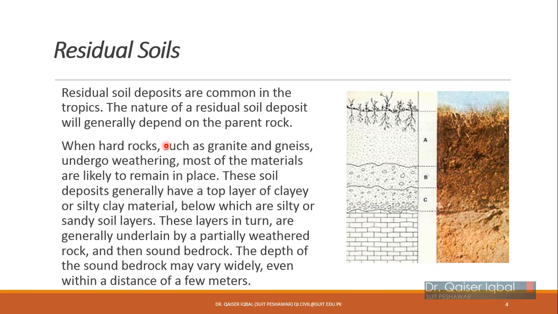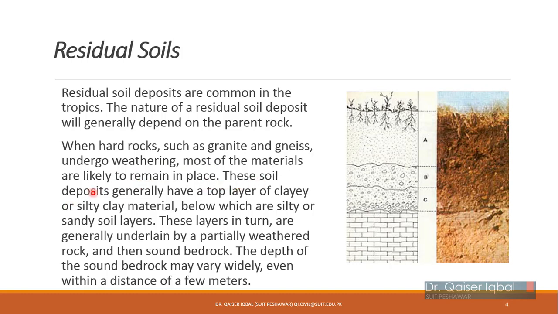The nature of a residual soil deposit will generally depend on the parent rock. Obviously, if it is derived from dolomite, it will have more dolomite-like properties. If it is weathered from sandstone, it will have more sand-type properties, etc. When hard rocks such as granite or gneiss, which are among the hardest rocks, and which you may have studied in your geology course in second semester, undergo weathering, most of the materials are likely to remain in place.